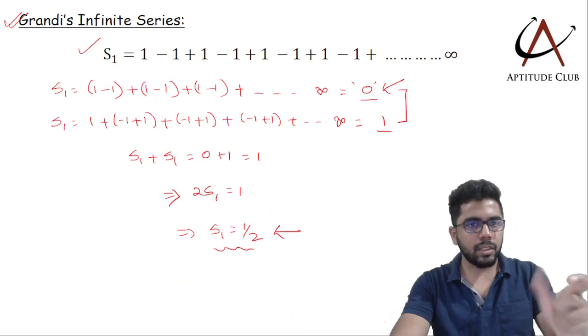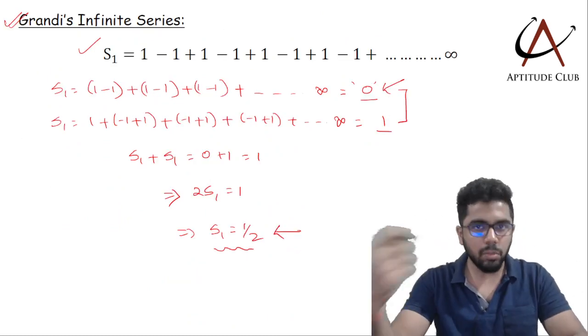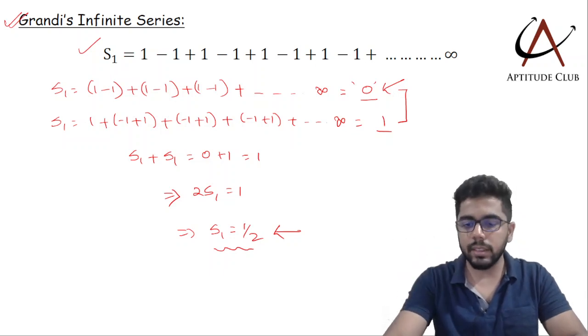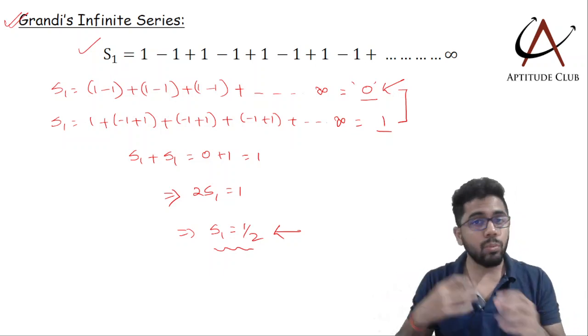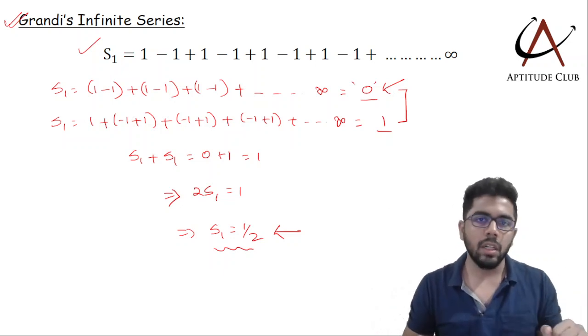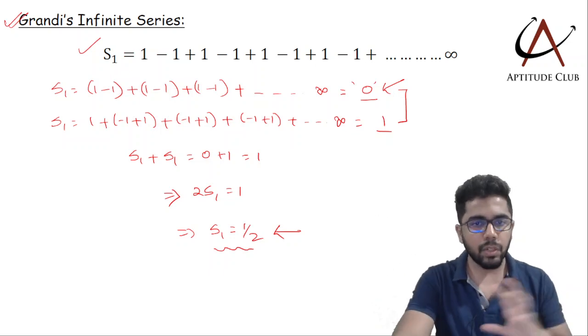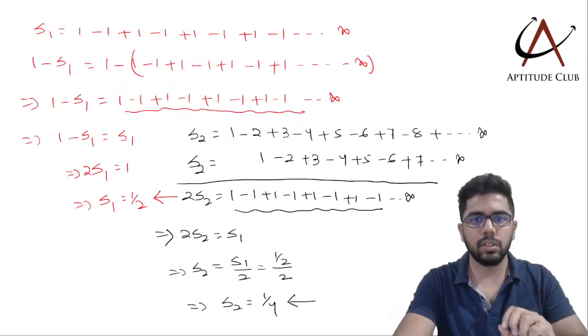So I hope this summation gave you an idea of how to think about series and especially infinite series. I'll be taking up more such questions in upcoming videos on the channel, and you'll get to know the summation of different types of series. But for now, I hope all of you understood the derivation of this.